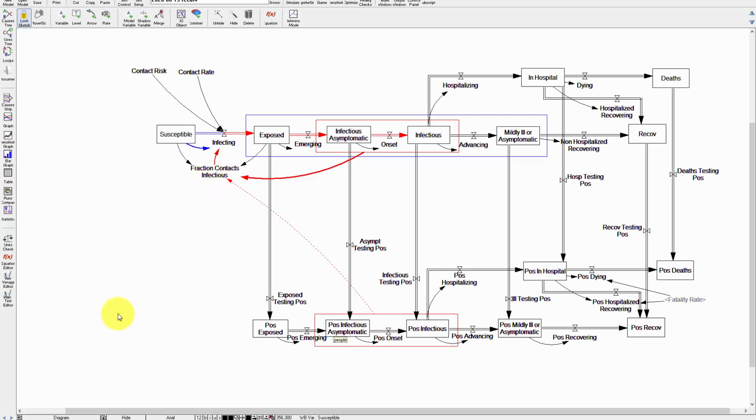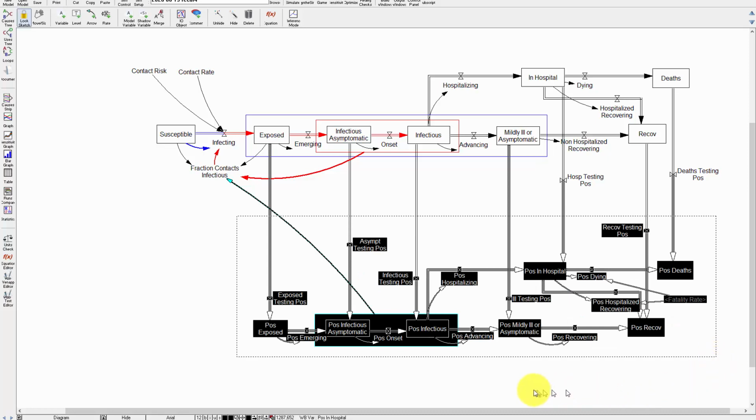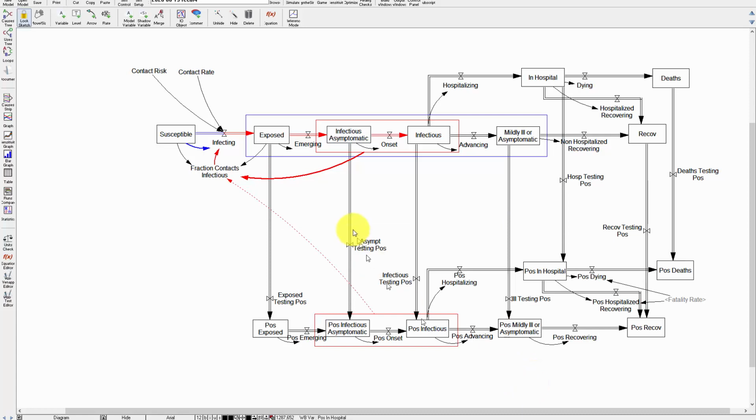At the bottom here, we have a parallel chain of people who are exposed or infectious or hospitalized who've actually tested positive. So this is essentially the accounting system for cases and is what leads to the reports that you get on the county website about the number of infections that have occurred and hospitalizations and deaths.